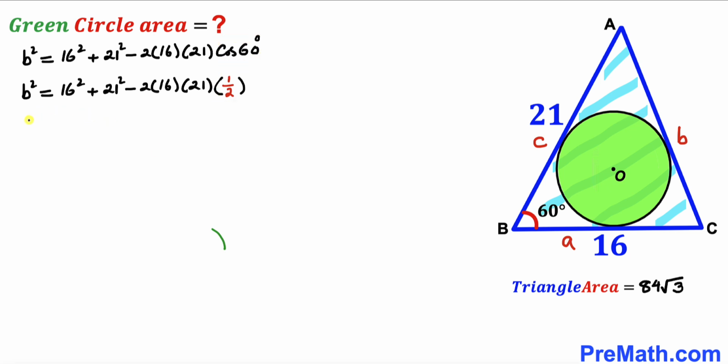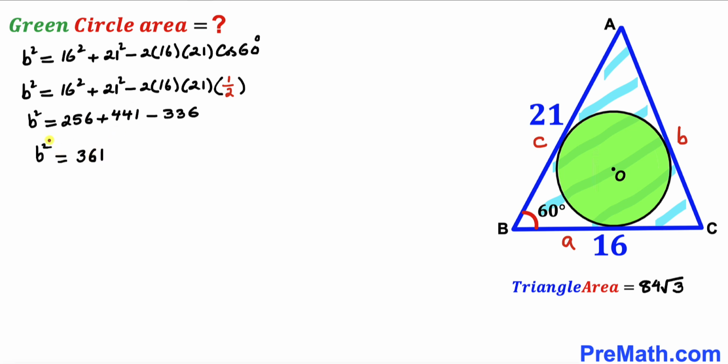Let's simplify further. We are going to have b square equals 256 plus 441 minus 336. So b square is going to be equal to 361.